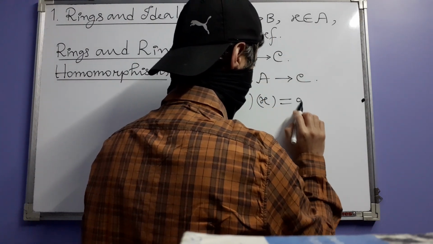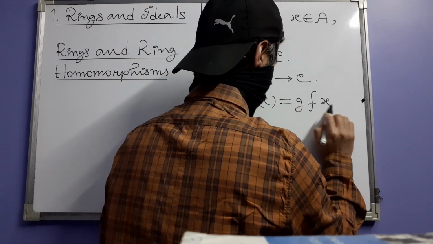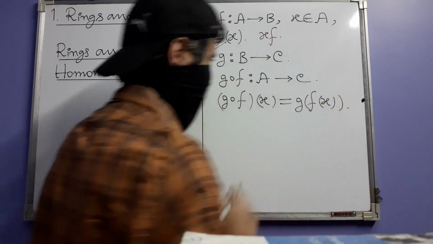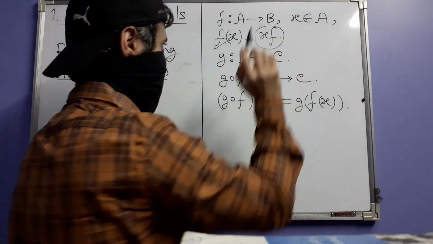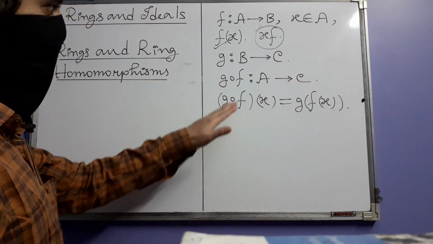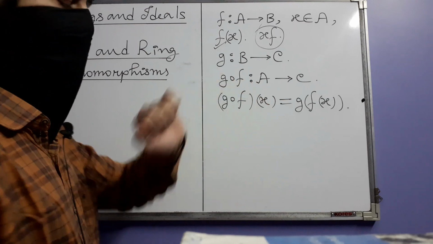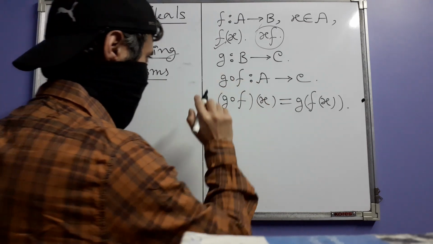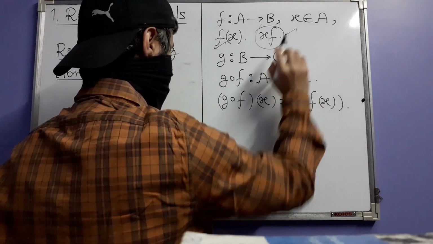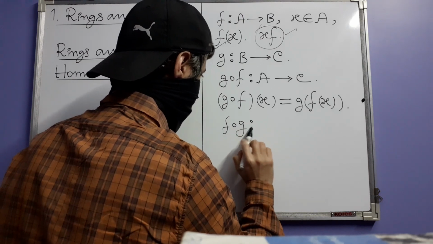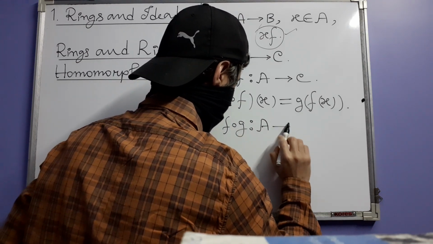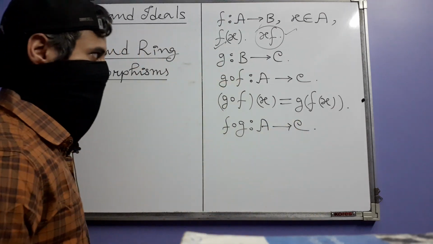Because this is the g image of the f image of x. Instead, if you use this notation, then that same composition will not look like this. In that case, you would have to write f composition g. Why?